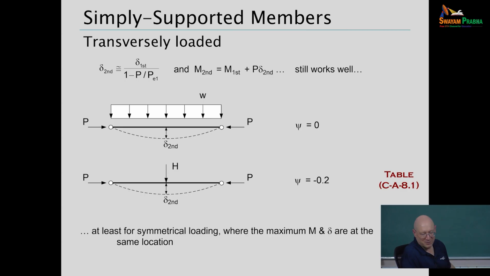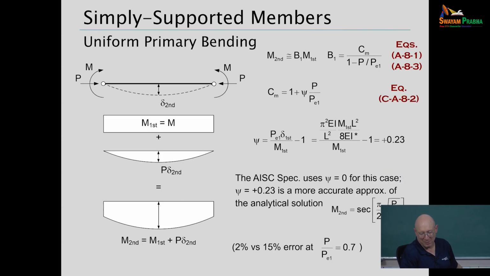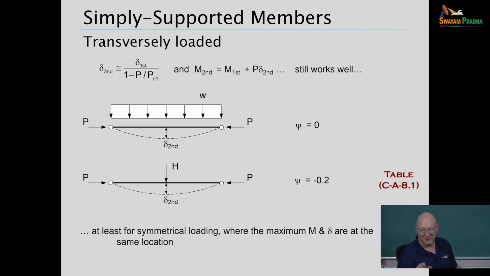Substituting the deflections into the middle equation, where we got positive 0.23 for the uniform bending case: for the uniformly distributed load case, you actually do get psi equals 0 to about three or four significant digits. For the concentrated loading case, you get psi equals minus 0.2.